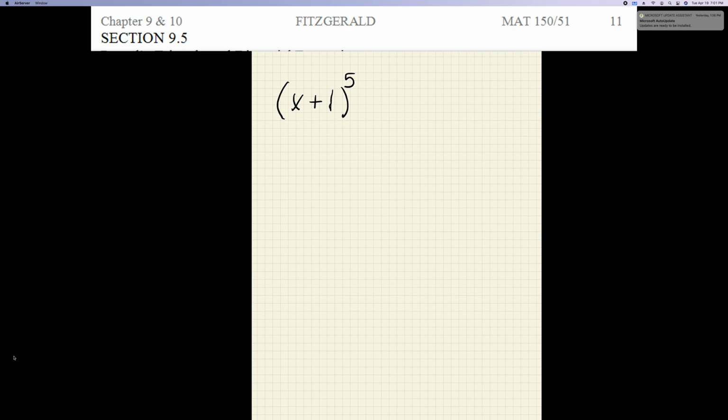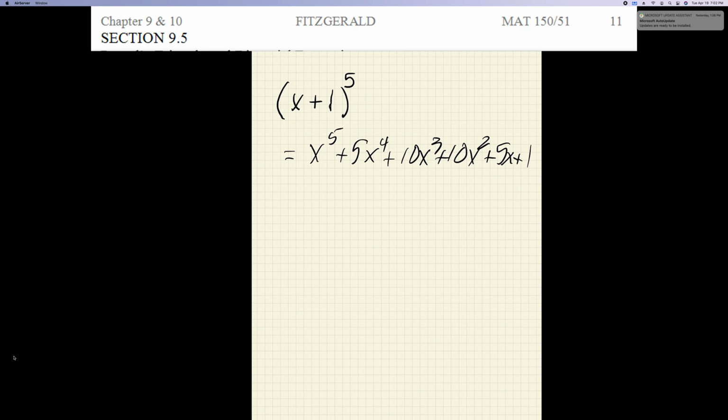And I had a professor that said, okay, we need to evaluate x plus 1 to the 5th power. And out of the blue, he just starts writing down x to the 5th plus 5x to the 4th plus 10x cubed plus 10x squared plus 5x plus 1.